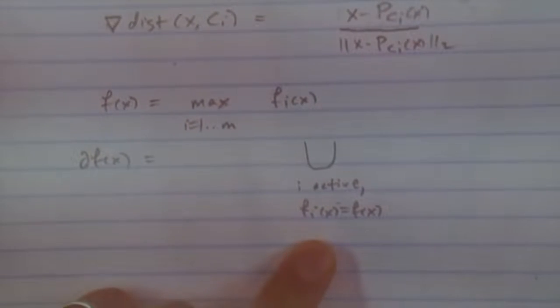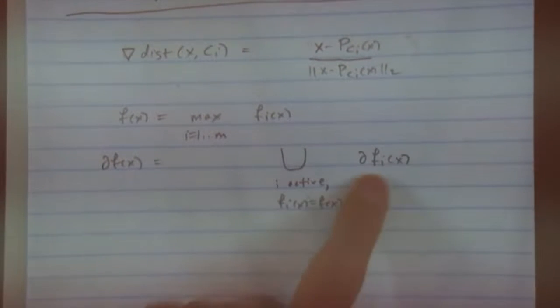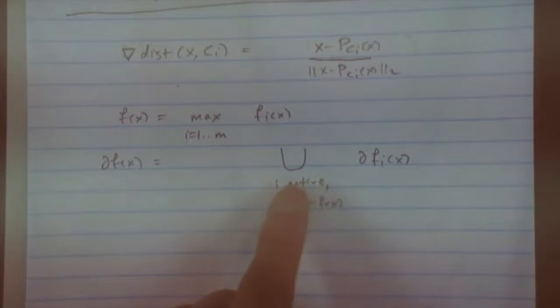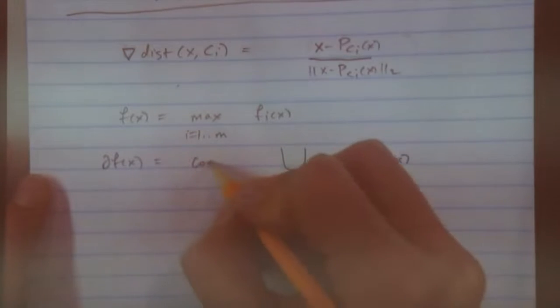Right, it achieves the maximum. Take all the subgradients of f_i at x, take the union over all active functions, and then take the convex hull of this.